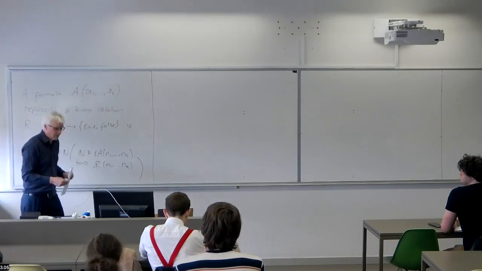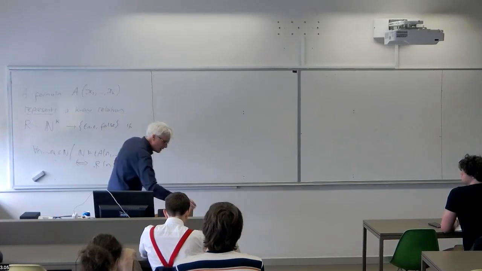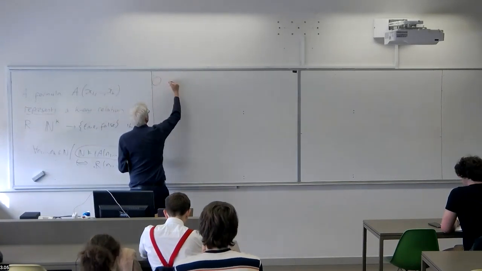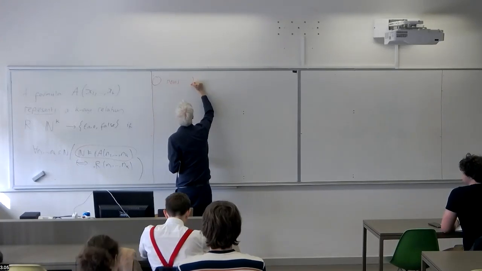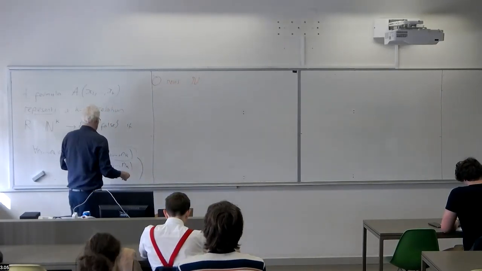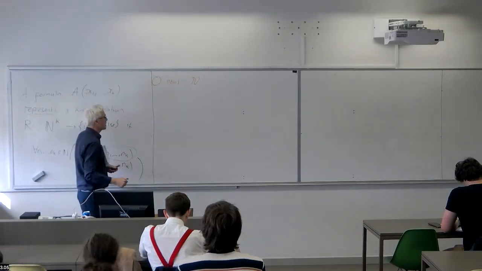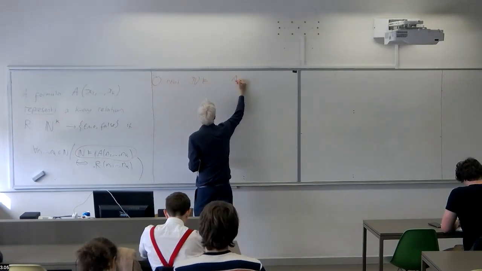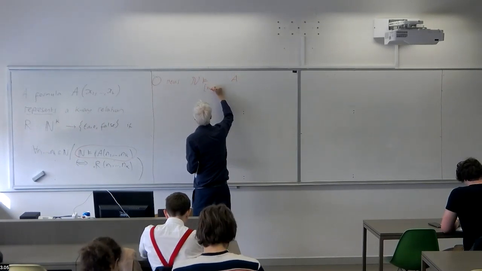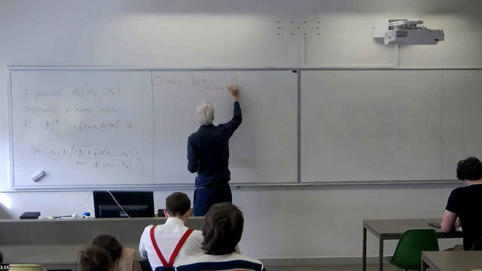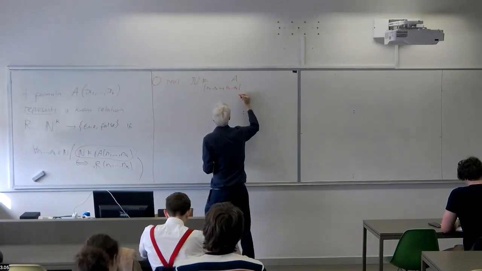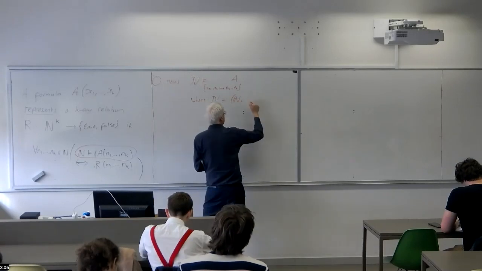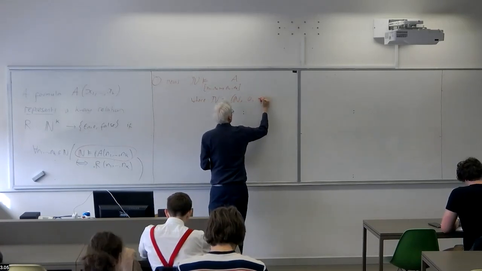To be more pedantic, a really very pedantic way of doing it is: in the structure curly N, which is the structure of the natural numbers, the formula A is true under the environment that maps the variables x1 through to xk to n1 through to nk, where N is the structure that has the natural numbers as its set and the usual interpretations of plus.